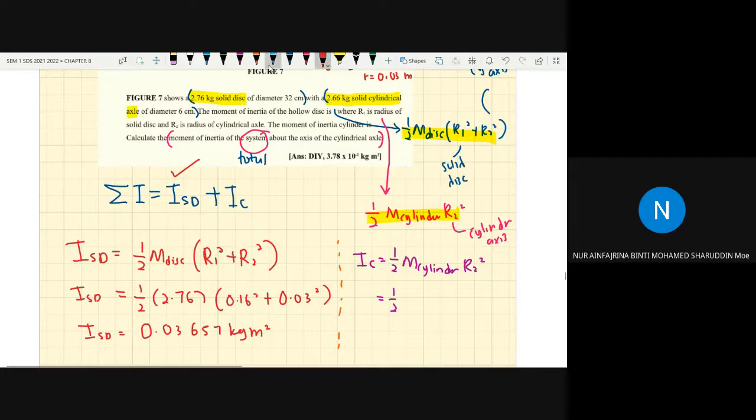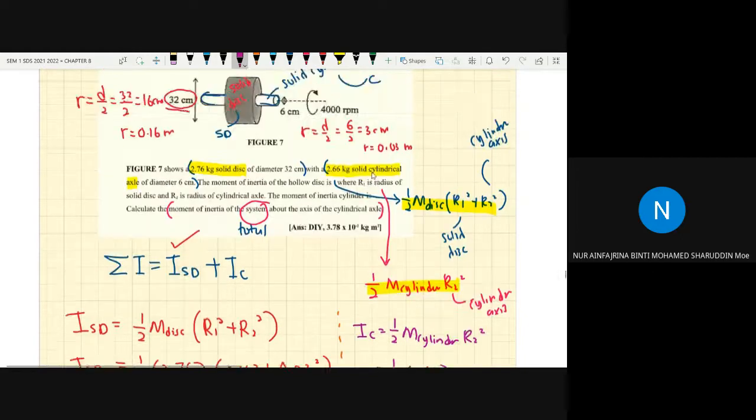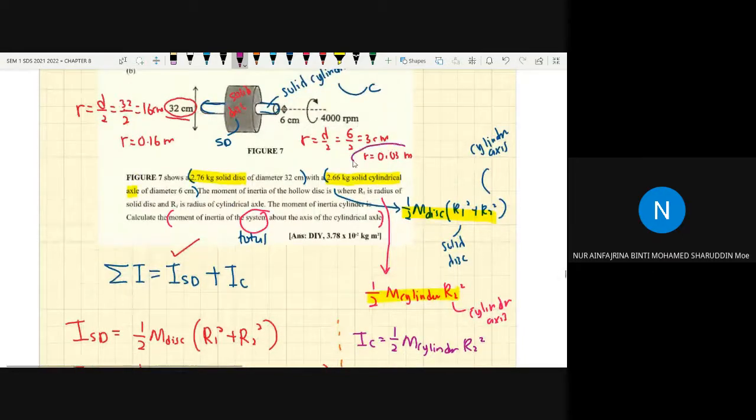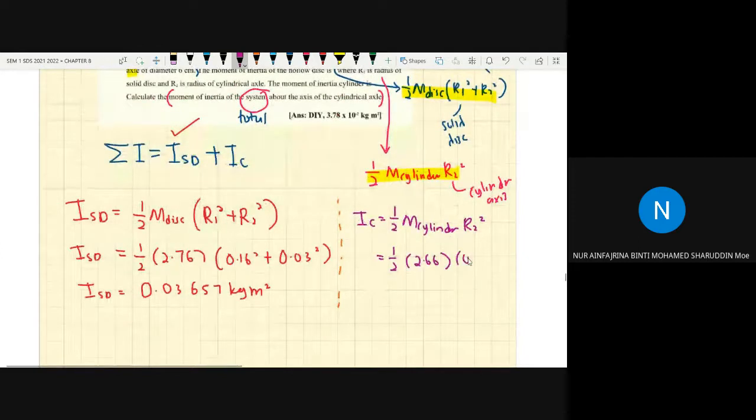So its mass is 2.66. What about the radius? The radius of the solid cylindrical axle, Miss already found, is 0.03 squared. Press the calculator and you will get 1.197 times 10 to the power of negative 3 kg meter squared.